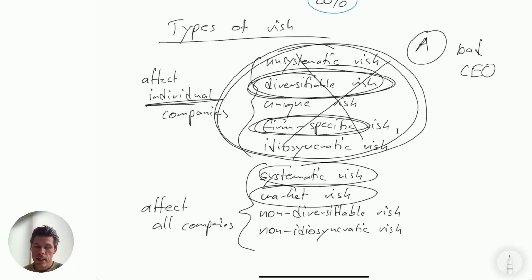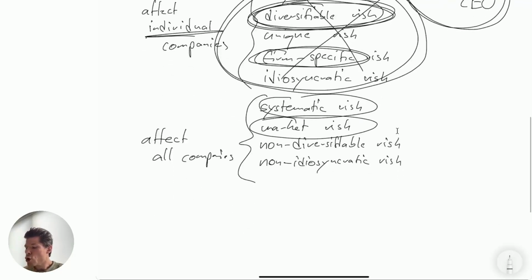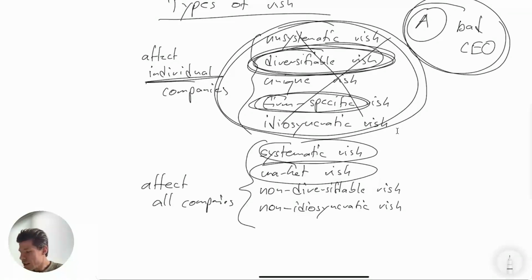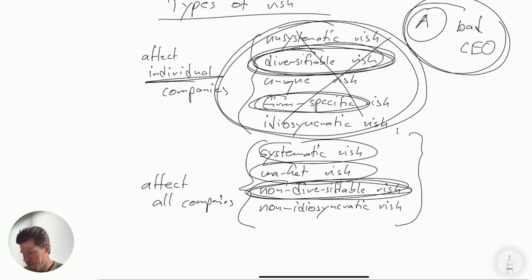If you hold a large enough portfolio of assets, like companies, shares, fixed income instruments, those specific risks cancel each other out. Sometimes you win, sometimes you lose, but you are not getting a higher return if you take on those risks because they are diversifiable. So all the risks that we are interested in from a valuation and capital structure perspective are the systematic risks, because they are non-diversifiable. You can't get rid of them.